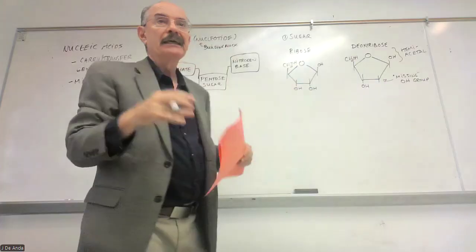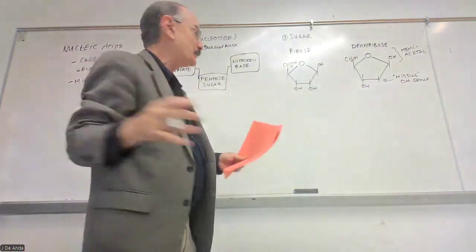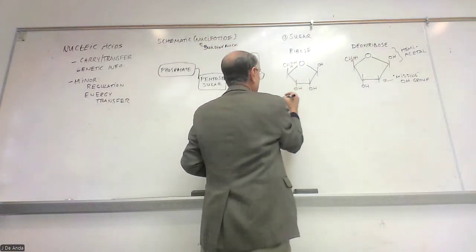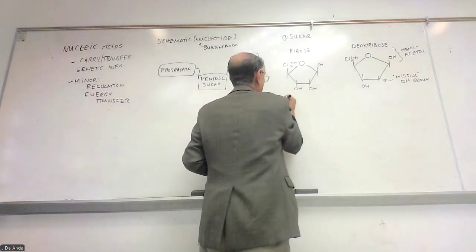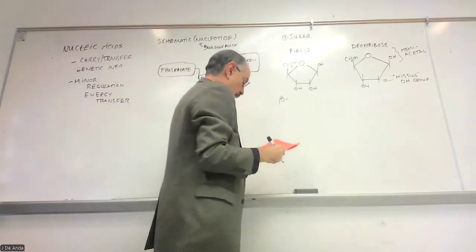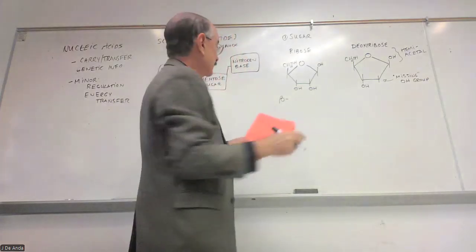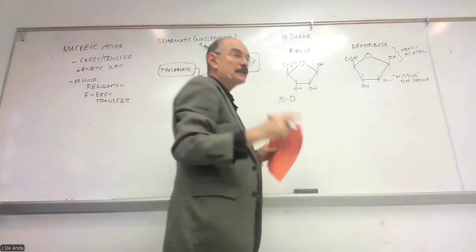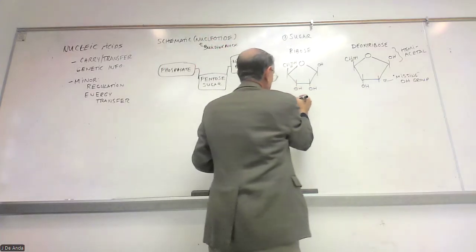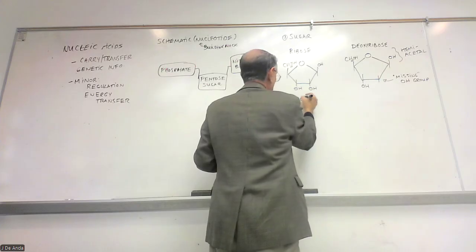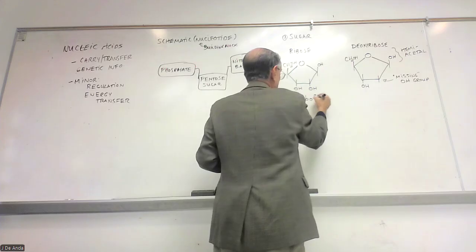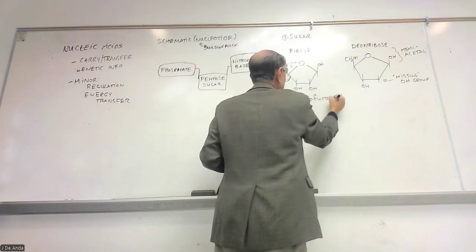So if we want to do fancy with names, remember, we have a name for these things. We call this guy a beta. Whenever you see this kind of structure, we know it's the D isomer. Remember, these things have stereoisomers. And this would be ribo, and then 1, 2, 3, 4, 5 sides, furanose.